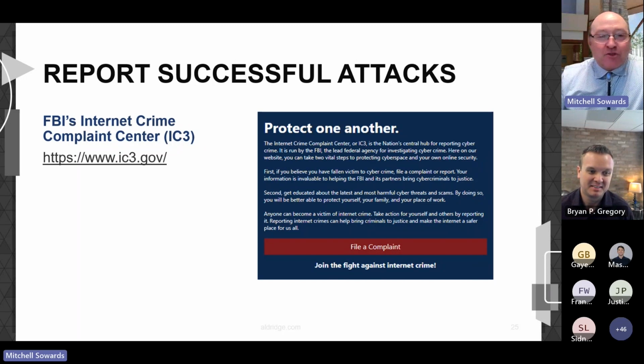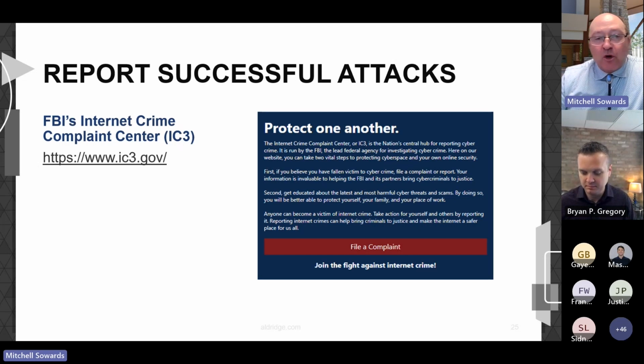All right. So, if you believe that your organization has suffered a successful attack, you can try and protect everyone else. Like, we can all work together. There's an easy website to go to, www.ic3.gov. It's the Internet Crime Complaint Center.